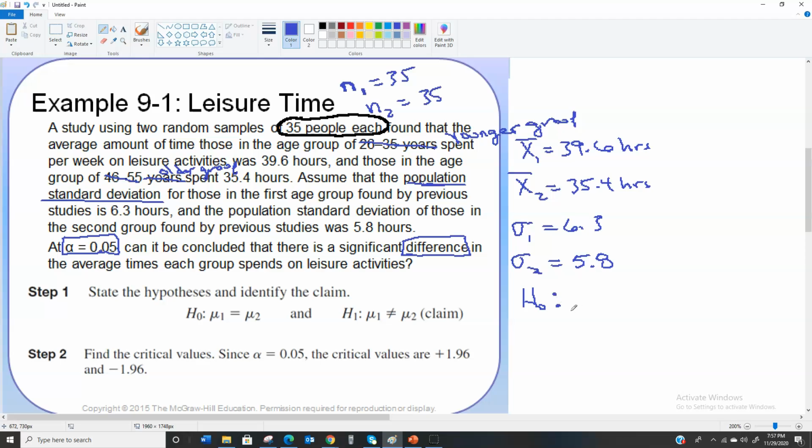So our null hypothesis is that mean 1 equals mean 2. Our alternative hypothesis is that, because it says difference, mean 1 does not equal mean 2. If we look for the critical values, let me pull the chart up here.